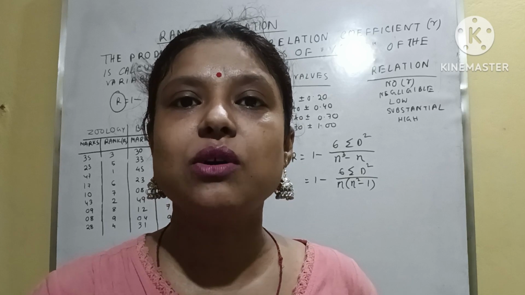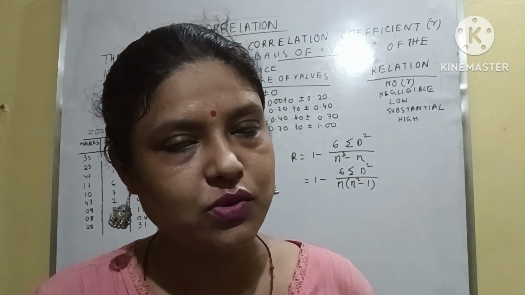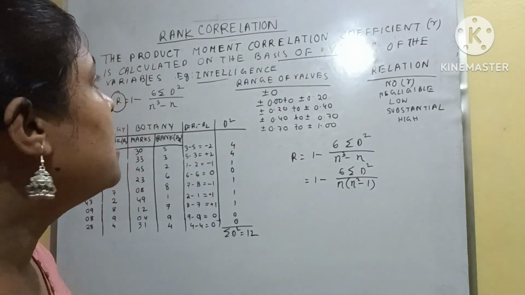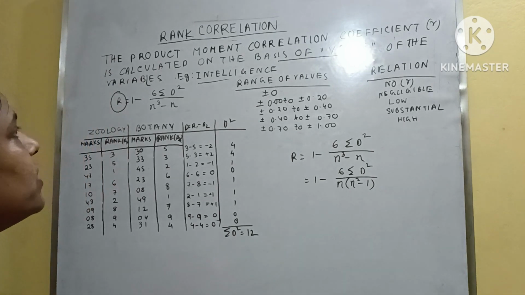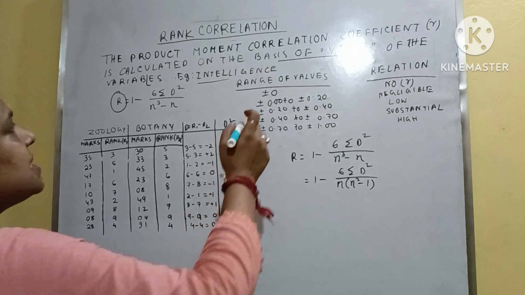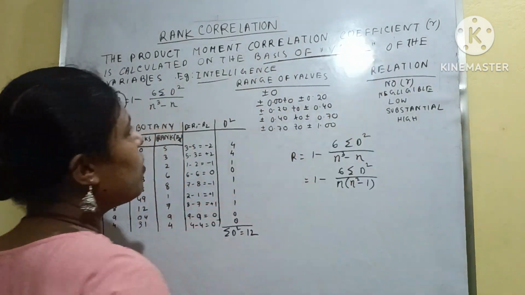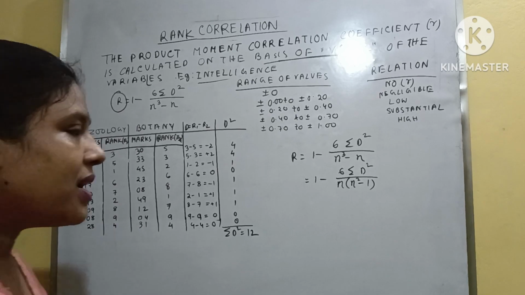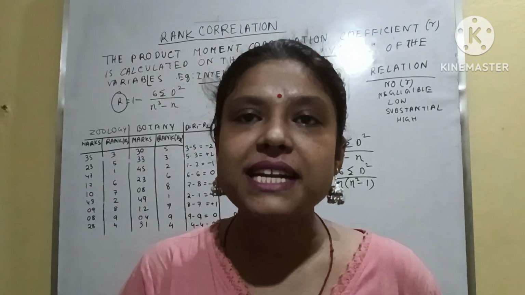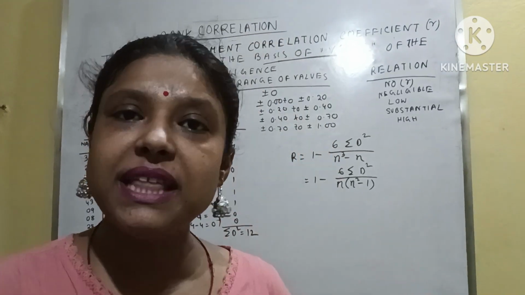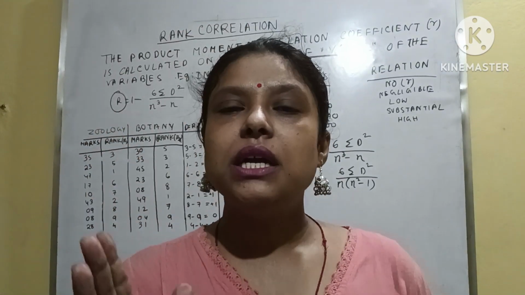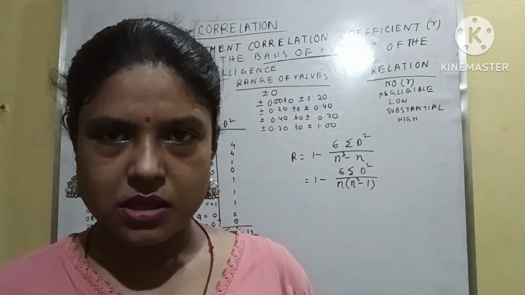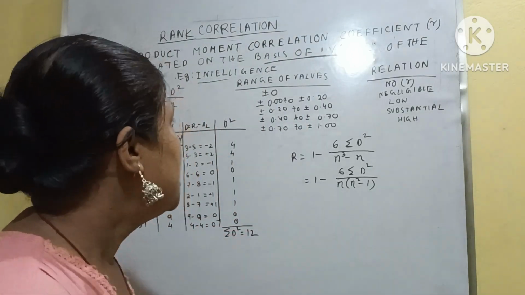But here, the rank correlation value is calculated on the basis of the values of the variables. For example, intelligence: if you look at the intelligence power of a student, then you can say he or she is a good student.